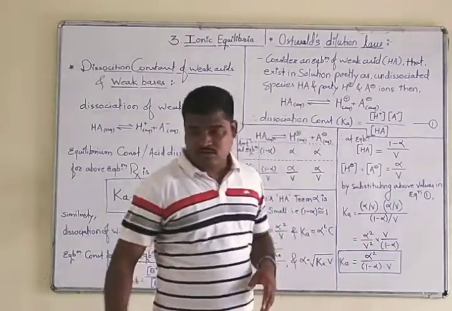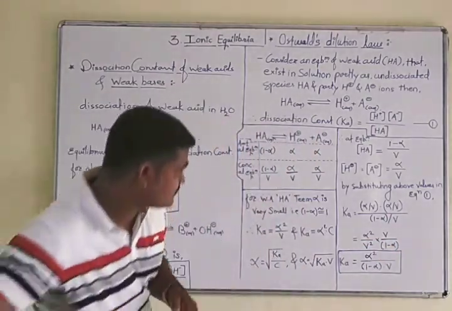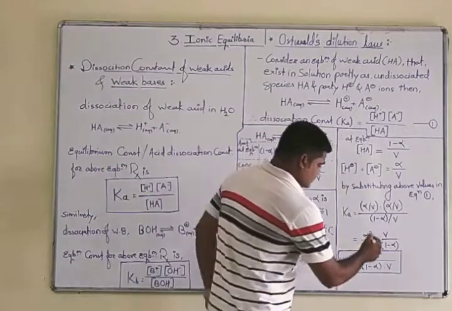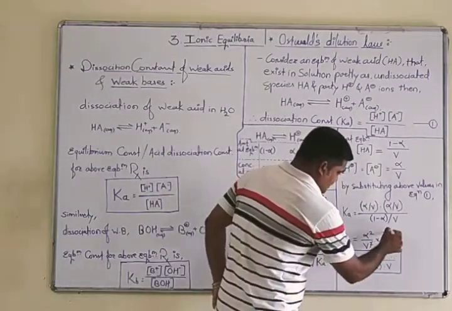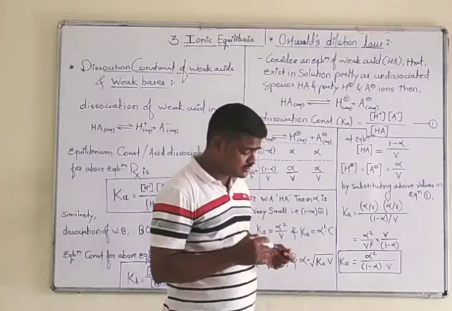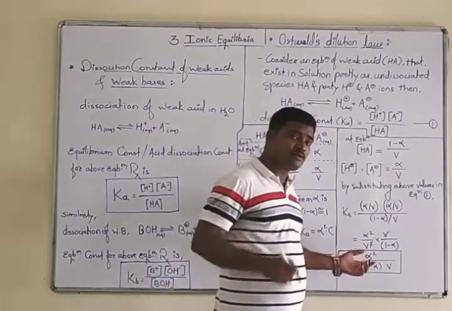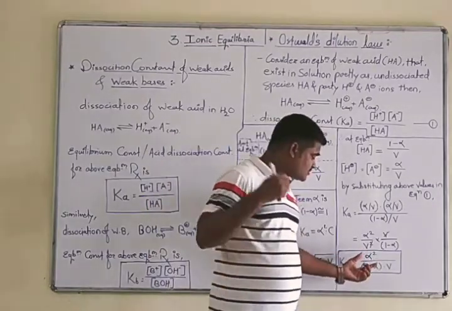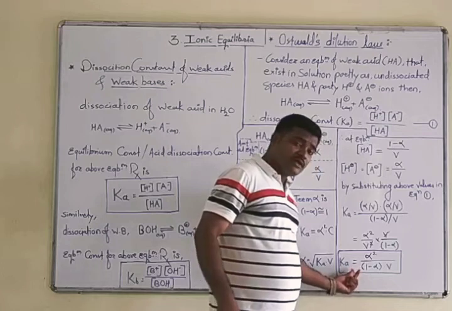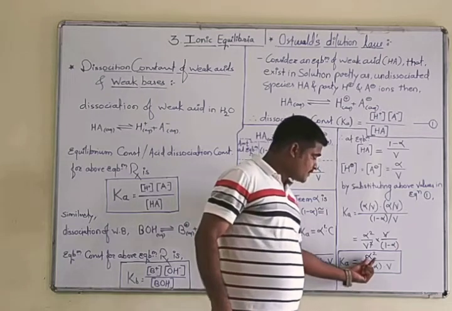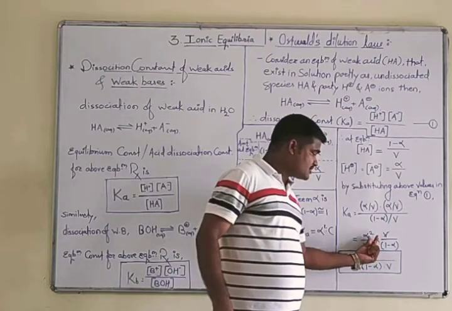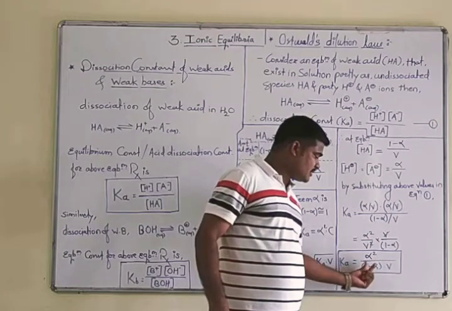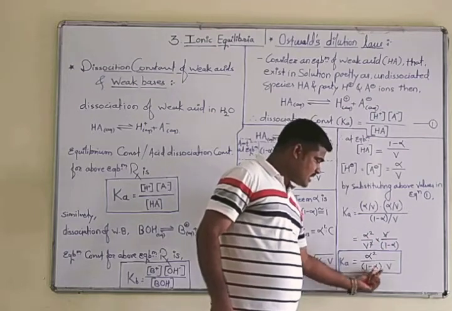Now this V square and V get cancelled. What is remaining is Ka, that is alpha square divided by 1 minus alpha into V.